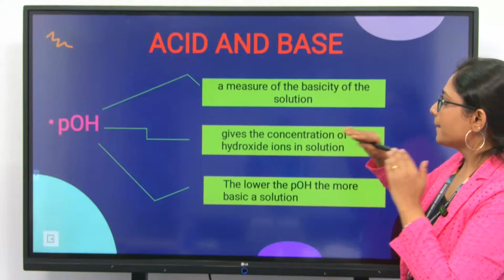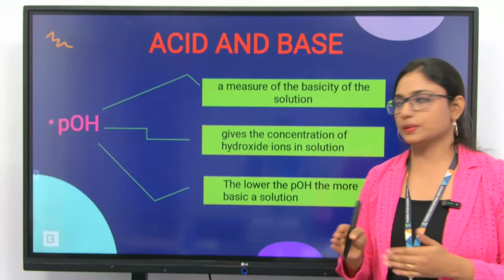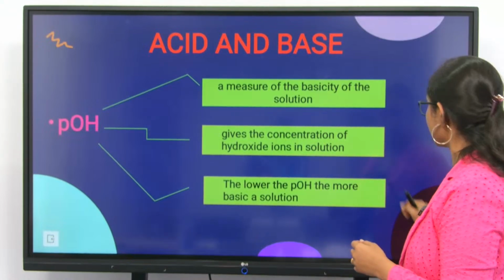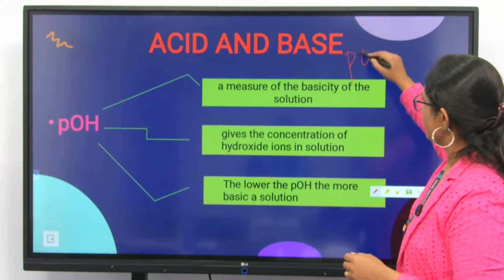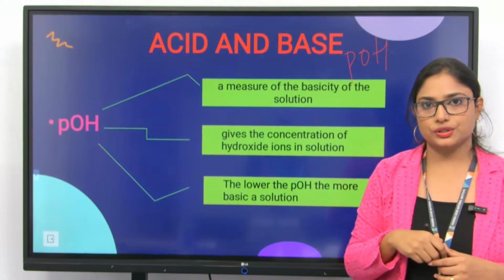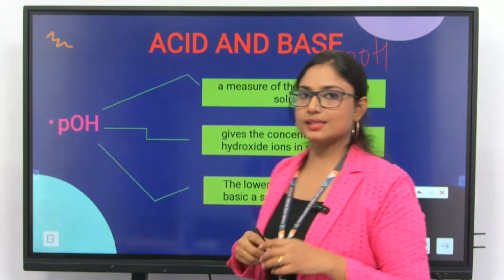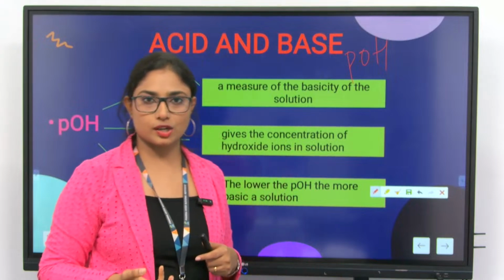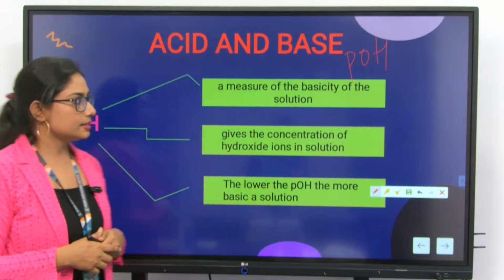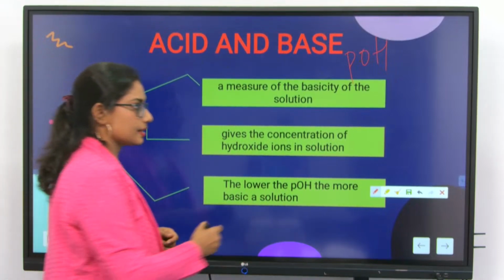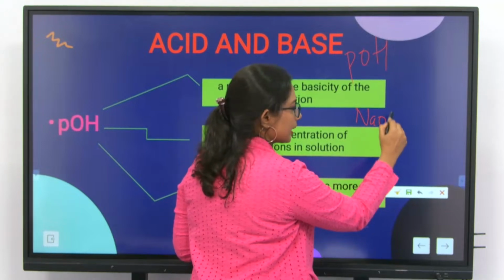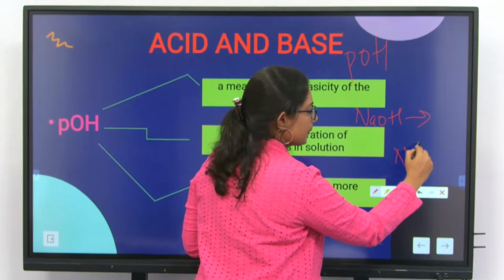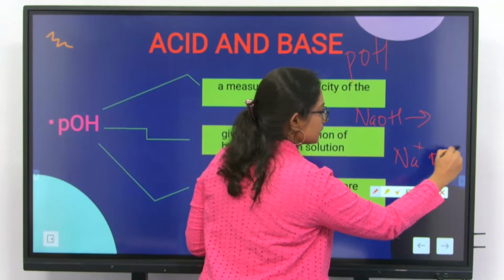Similar to the pH scale reading, there is pOH to measure the basicity of a solution. So what were acids? Acids are substances that can liberate H plus ions or protons in a solution. Similarly, bases are substances that can liberate Na plus and OH minus ions in a solution.